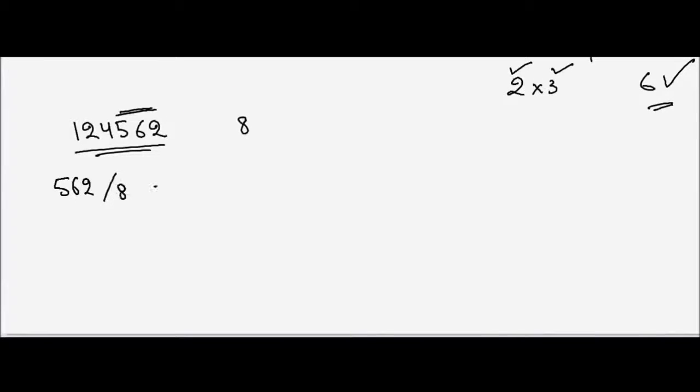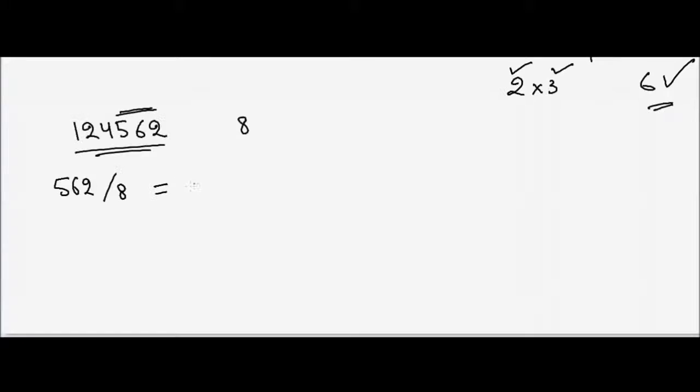If we divide it by 8, we get 70 and something which is not divisible by 8. So this number is not divisible by 8, so this whole number should not be divisible by 8.